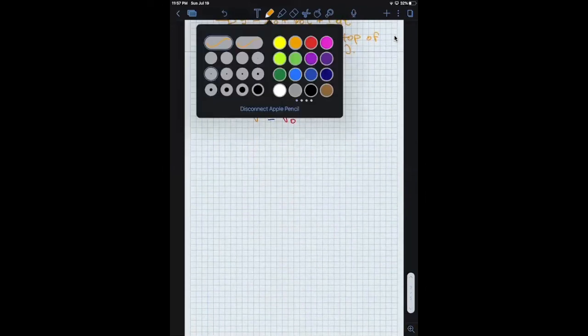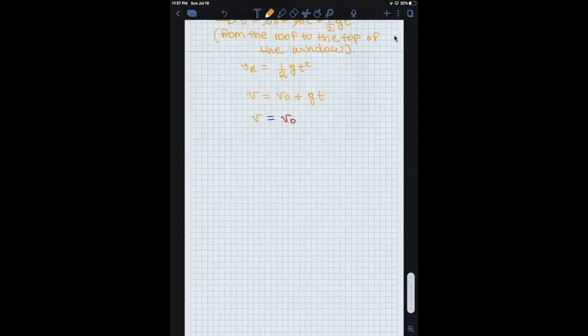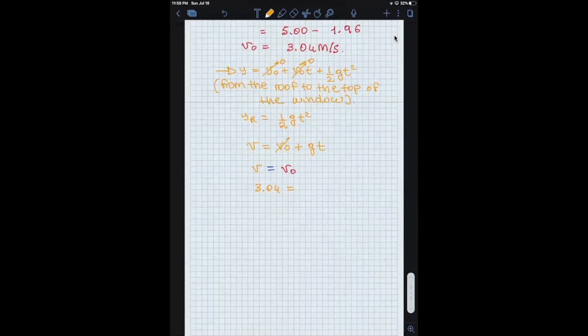So I can use this identity and write it as 3.04 is equal to, we said v naught in orange is 0, so this is 0, plus g times t. T then is equal to 3.04 divided by g, which is 9.81, which, if you do the calculation, is equal to 0.310 seconds.